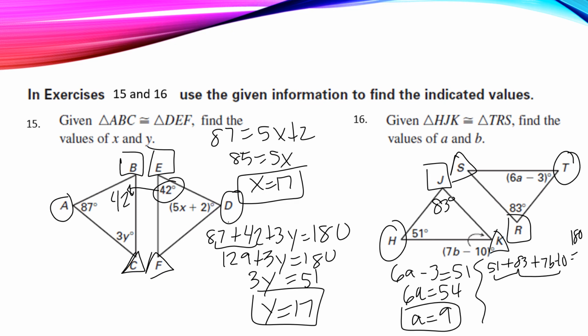So 51, 83, and negative 10 is 124 plus 7b equals 180. Subtract the 124 from both sides, you get 7b equals 56, and then divide by 7 on both sides, you get b equals 8.